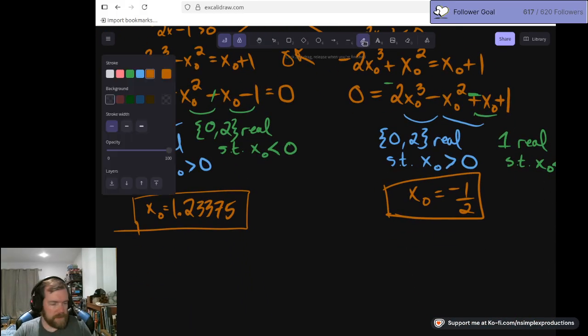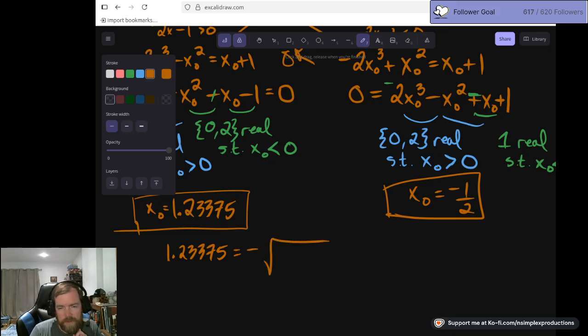And see what happens. 1.23375 is equal to a negative square root. Well, I think that just about clears it up.